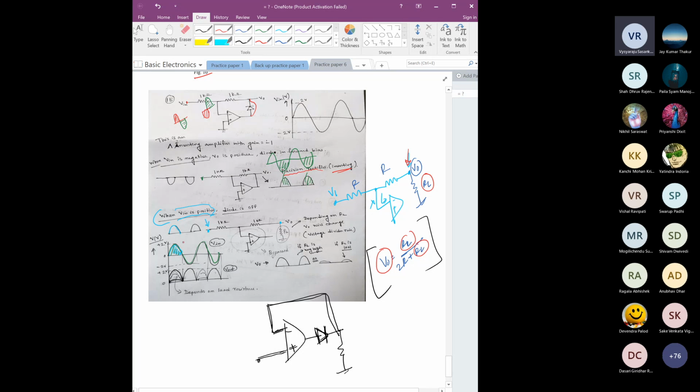Even for the positive half, you are getting some output, so it is not able to clip the other half of the sinusoidal signal. So it is not actually a good rectifier. But it shows some property similar to a rectifier if this RL is pretty low, then probably you will get an output something like this.